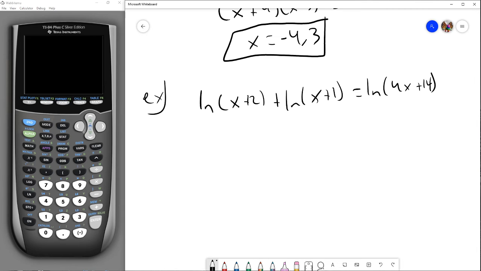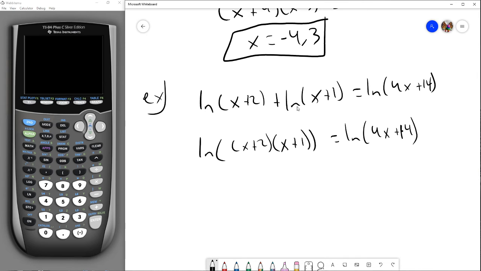Now in this case, the principles are the same. We have a log plus a log, so we can use the same law of logs. And so we have natural log of the quantity x plus 2 times the quantity x plus 1 equaling the natural log of 4x plus 14.